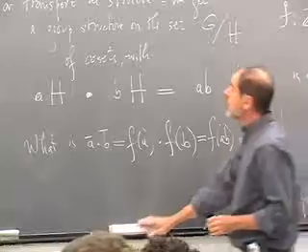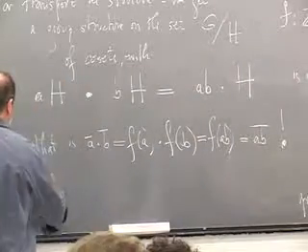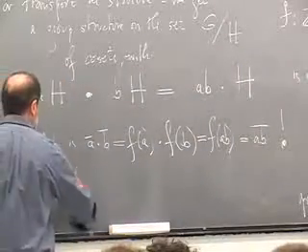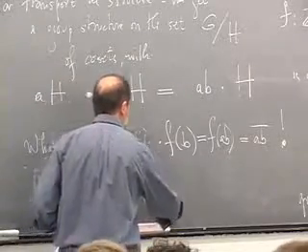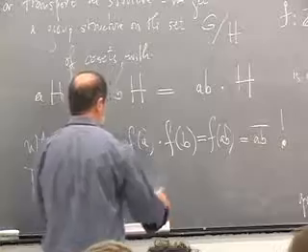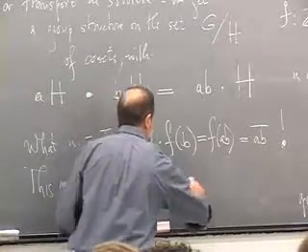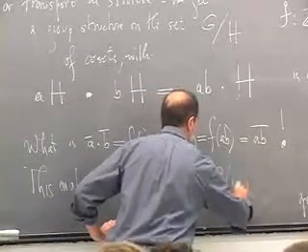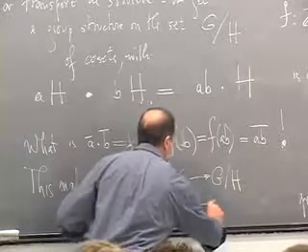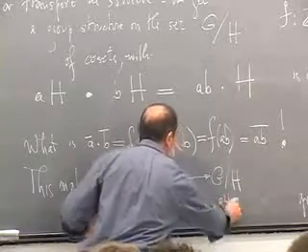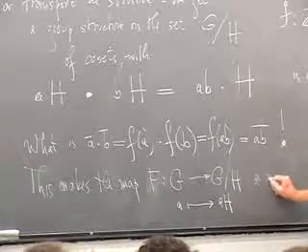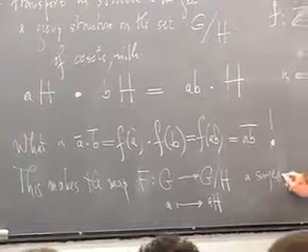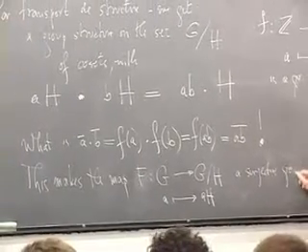And moreover, this makes the new map, let's call it capital F, from G to G mod H, taking A to the coset AH, a group homomorphism. A surjective group homomorphism.